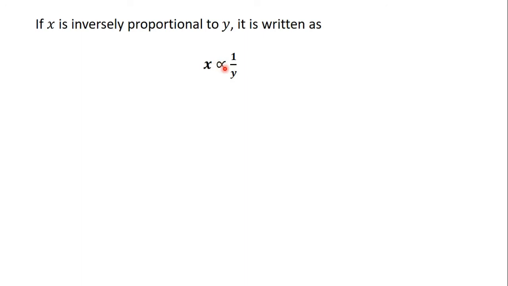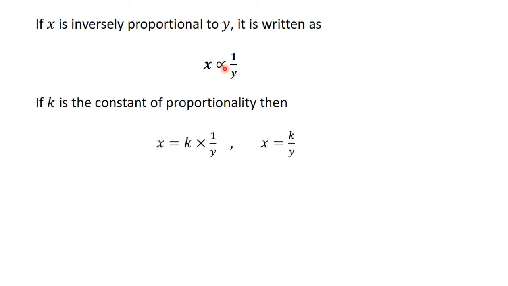And to help us do that, we have to introduce a constant of proportionality. So if k is the constant of proportionality, then x is equal to k times 1 divided by y. So we change the proportionality sign to an equal to sign. Then we multiply the expression we have on the right hand side by k.